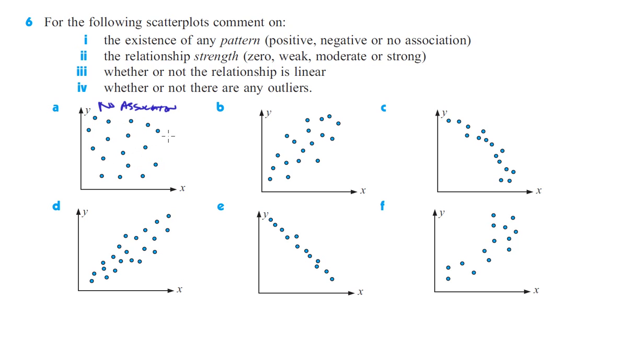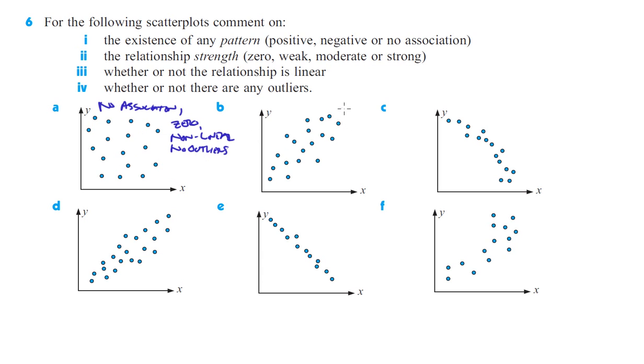Since there's no association, the relationship strength would be 0. It's not making any kind of pattern at all, so that's non-linear because it's not making a line. And there are no real outliers. There's nothing way away from all the rest, so no outliers.